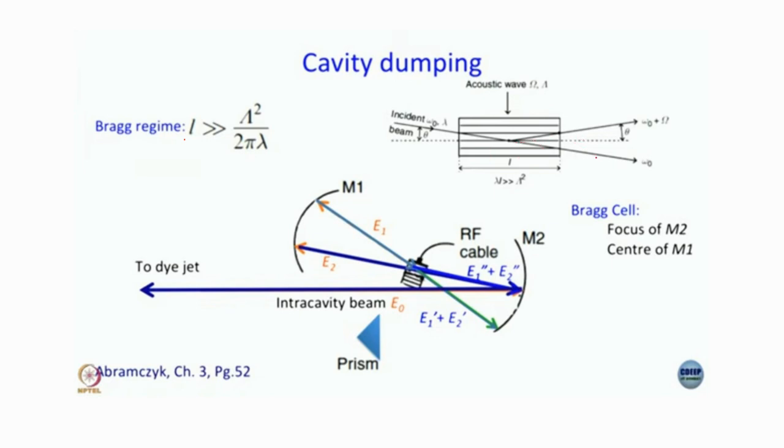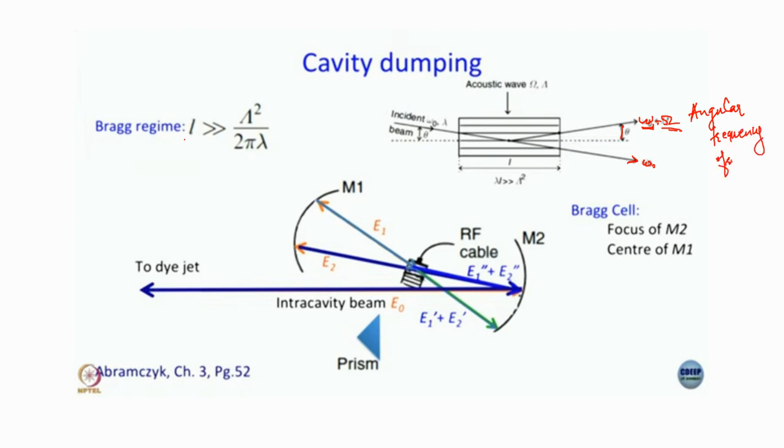Either it passes straight through with the original frequency omega naught, or it may be deflected to a certain angle with a different angular frequency, that is omega naught plus omega. Here omega naught refers to the angular frequency of the light beam, and omega refers to the angular frequency of sound. So there is some change in the angular frequency of the incident light beam.